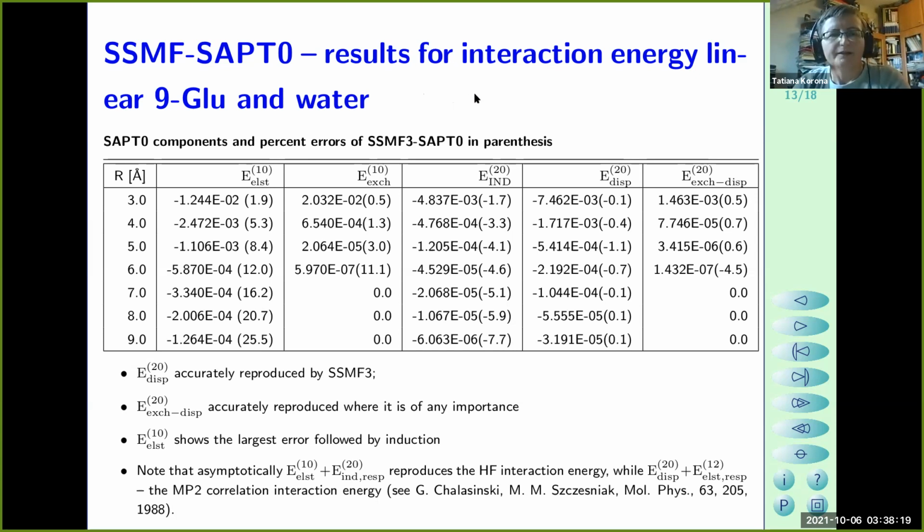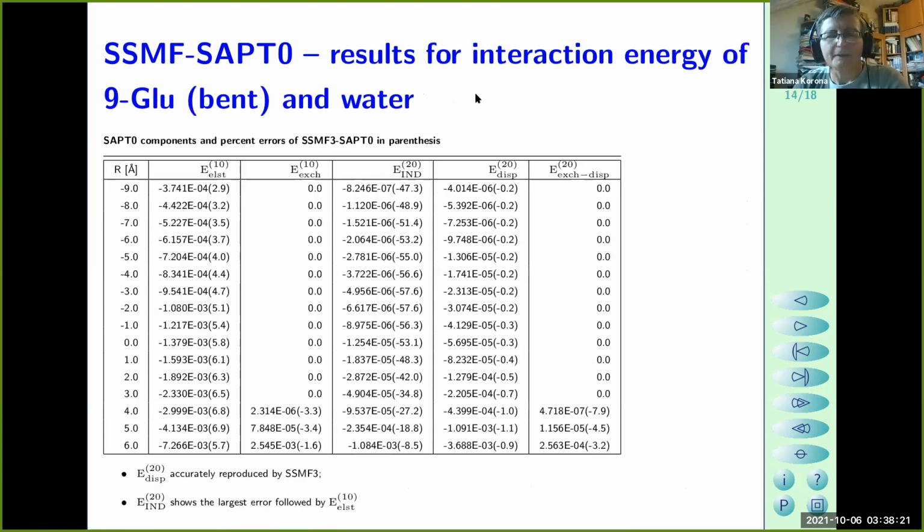Then we just wanted to see if we get the same picture when more units interact with water on the same footing.